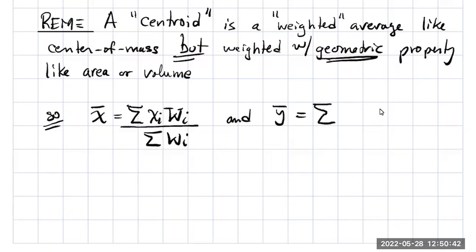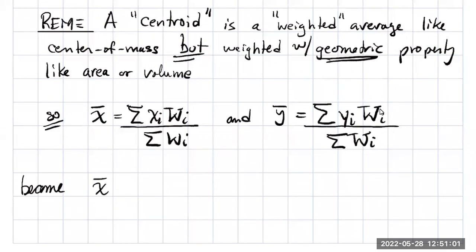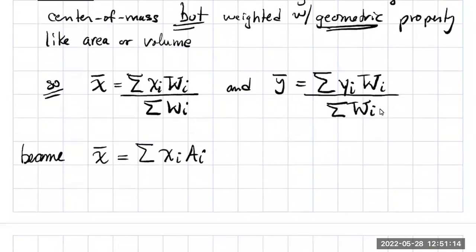So these two things would become the following. If you're talking about 2 dimensions, switch out the weight W for A sub I. That would be the area of the ith mass, or the ith 2D shape, we'll say. I'll say more about that in a moment. So let me get these formulas down.